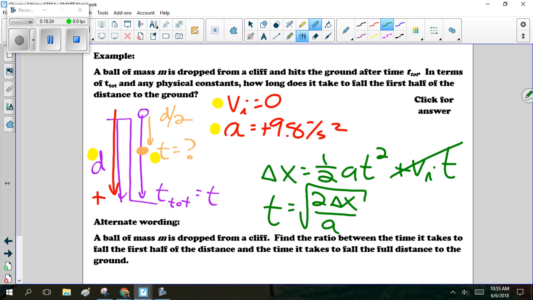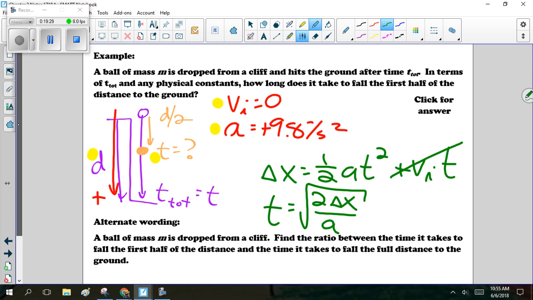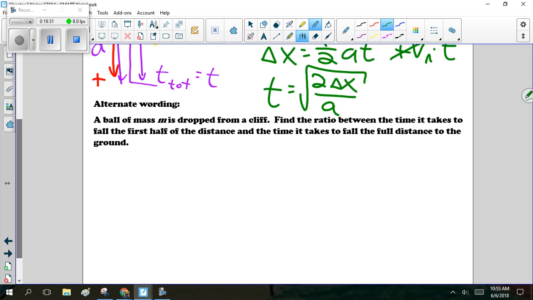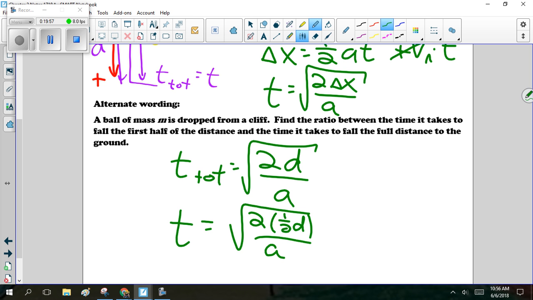So what we know is this. T total is equal to the square root of 2d over a. And what we want to know is how long it takes to go half of that distance. So the square root of 2 times half of d over a. The only difference is this 1/2.